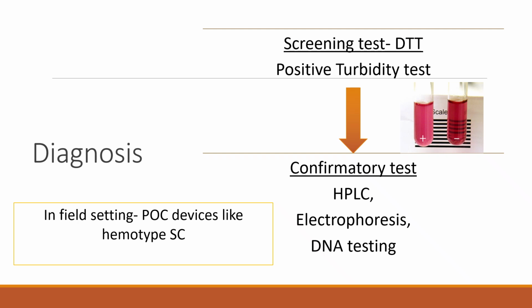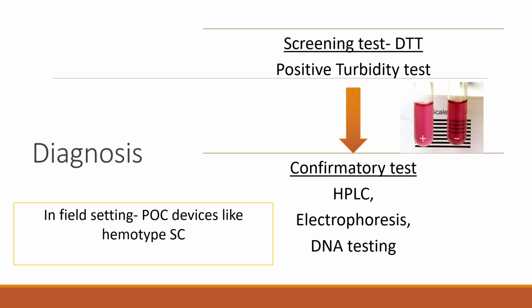All it says is whether it is sickle positive or negative. If sickle is positive, we have to move on to a confirmatory test done by either HPLC, electrophoresis or DNA testing. Typically in India, we do a screening test by DTT and then a confirmatory test by HPLC, which will tell us whether the patient has sickle cell disease or sickle cell trait.